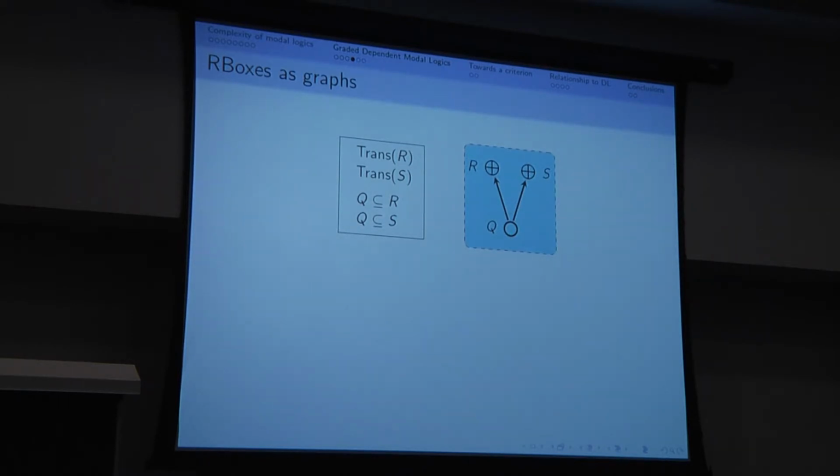Q implies R, Q implies S. So RBoxes are just oriented graphs with 2 kinds of nodes, with plus and without pluses.